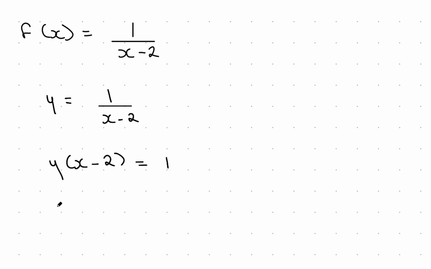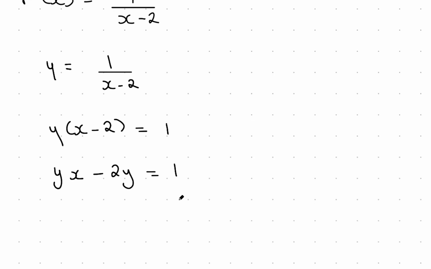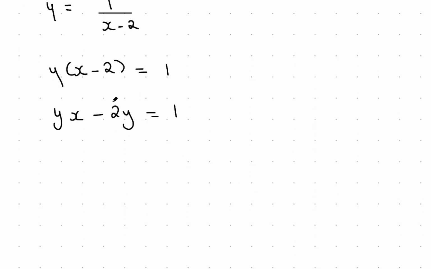Again, I would multiply it out in this scenario. Well, you could multiply it out. You might end up undoing it, but it's okay, we can check this out. So yx minus 2y is equal to 1. Bring your 2y over to the other side, or better yet, add 2y to both sides.